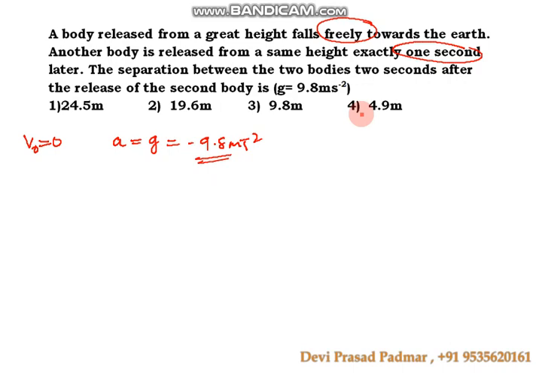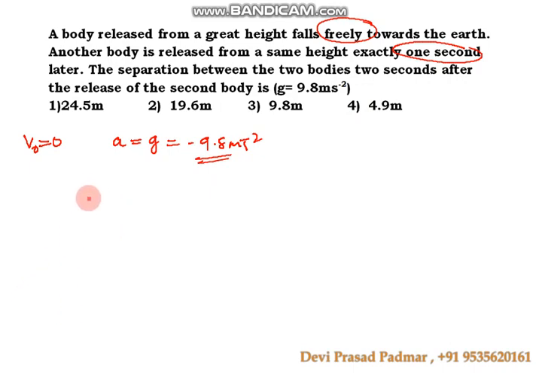Now what is the question here? The separation between two bodies 2 seconds after the release of second body. The separation between first body and second body 2 seconds after the release of second body. Let us try to draw one diagram for this so that we can easily understand the concept.